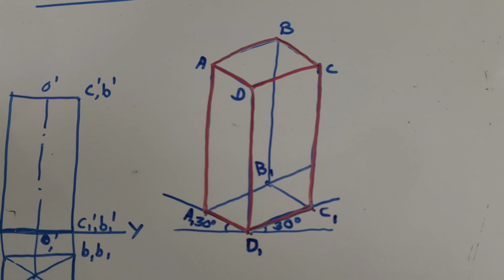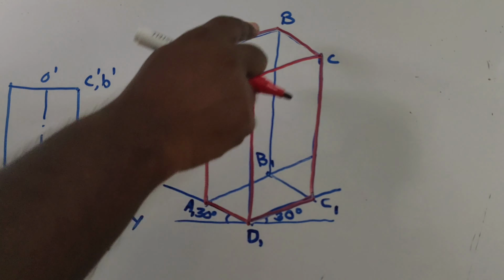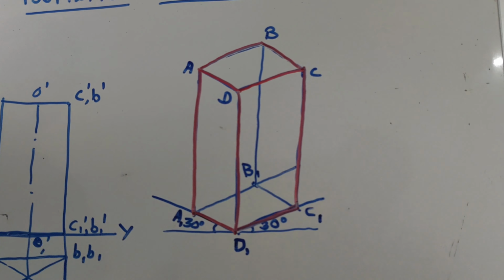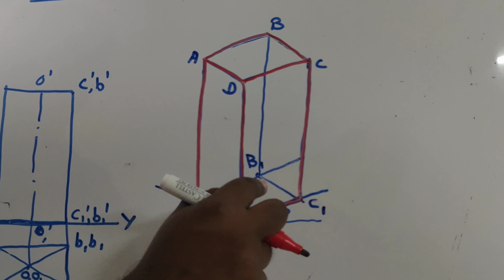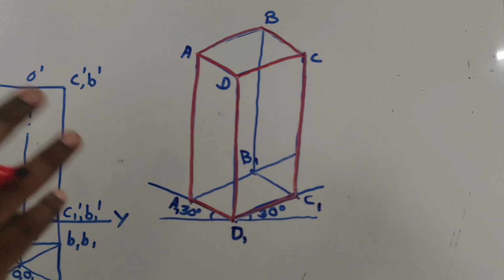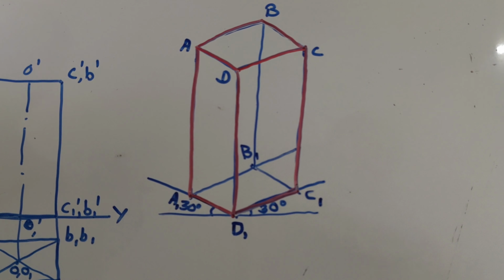How to draw the invisible lines? Either you can go for dashed lines or you can keep them as light lines. A1 B1 and B1 C1 can be kept as light lines. There is no need of drawing dashed lines.